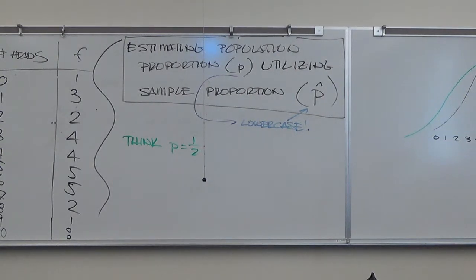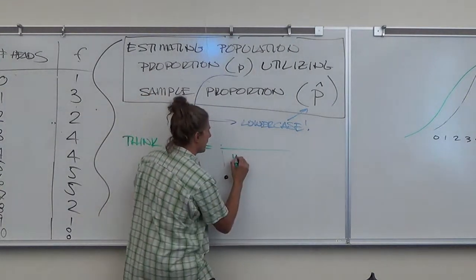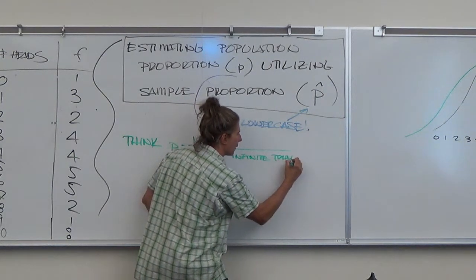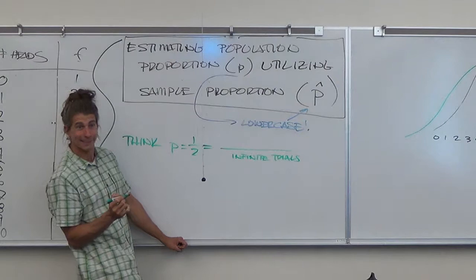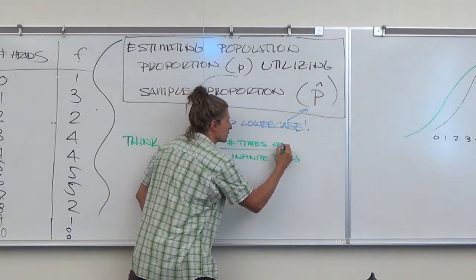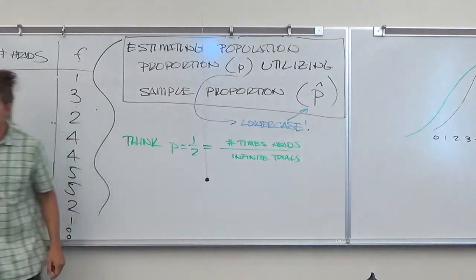On average, over a long period of time, i.e. infinite trials, 1 out of 2 are going to be heads. Over infinite trials, the number of times that we get heads is going to be half of those infinite trials.